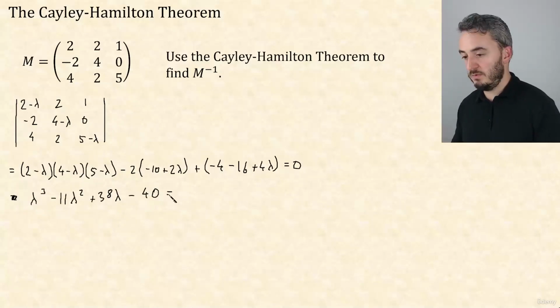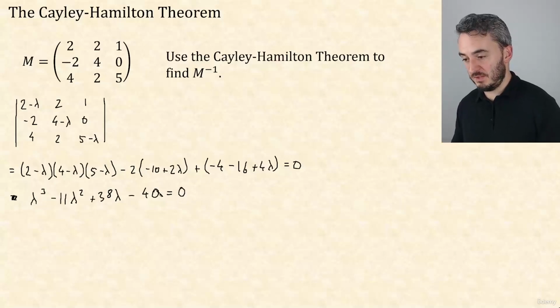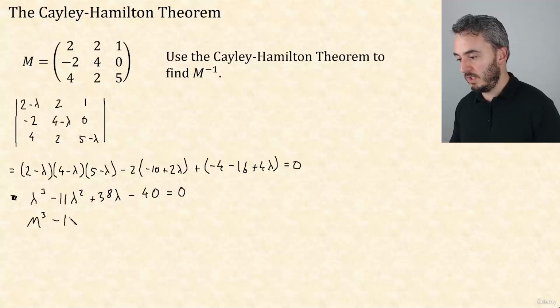I'm not going to bore you with watching me expand all of these brackets, but concentrate and you can do it too. We get to this cubic equation here. There's the characteristic equation, and here's the Cayley-Hamilton theorem. M cubed minus 11M squared plus 38M minus 40I is equal to 0.